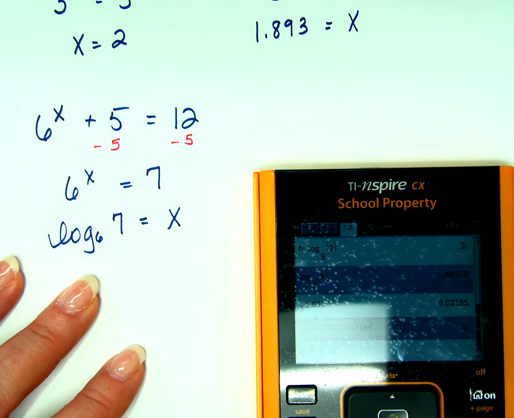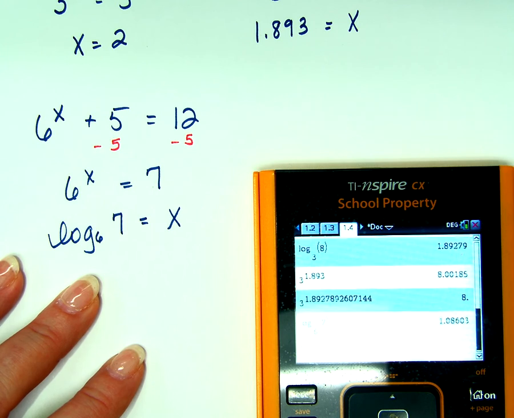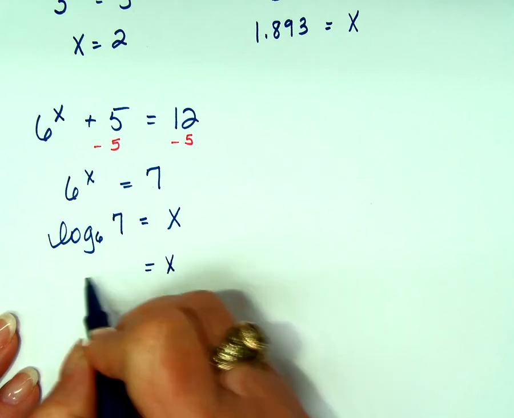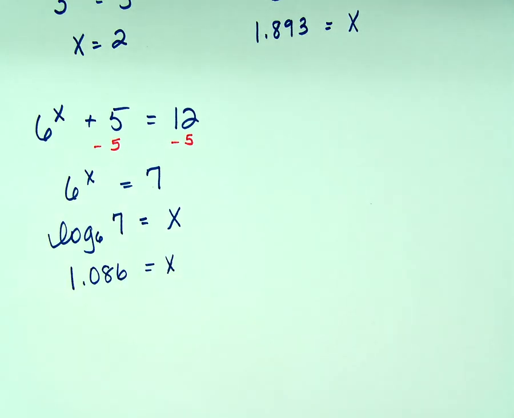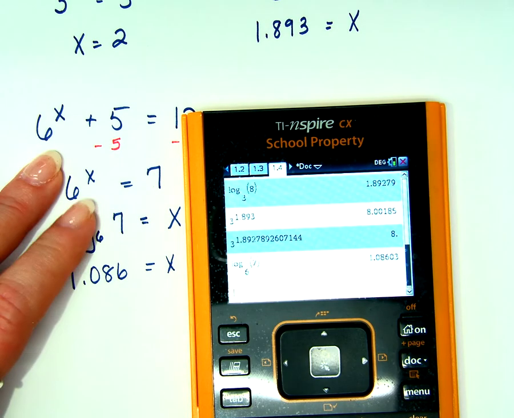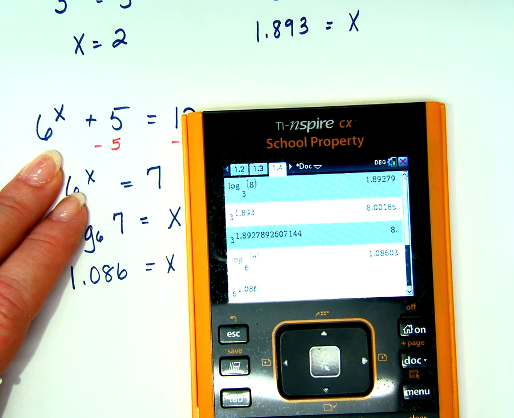Calculator. Log base 6 of 7, 1.086. Now watch what happens this time when I plug it in. 6 raised to the 1.086 plus 5.